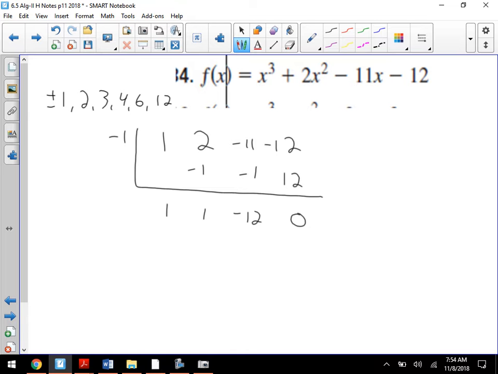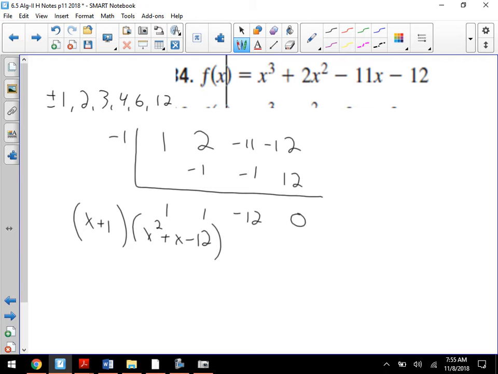After you do this one, then did you keep going and find another one at like 4? Did it take you a while to get to it? You just gave up? Okay. What happens then, here you've got it at x plus 1. This is x squared plus x minus 12. If you would have kept going, you would have found one because this factors out to being positive 4, negative 3.